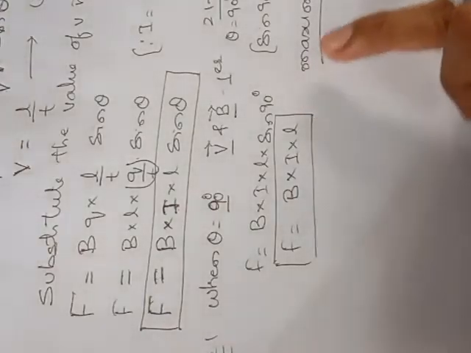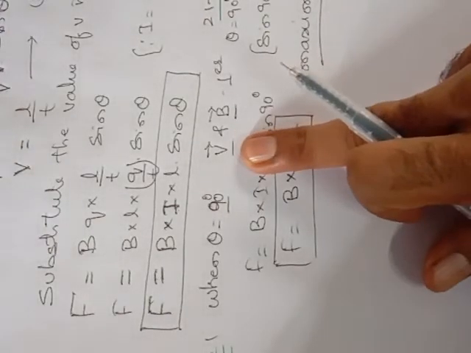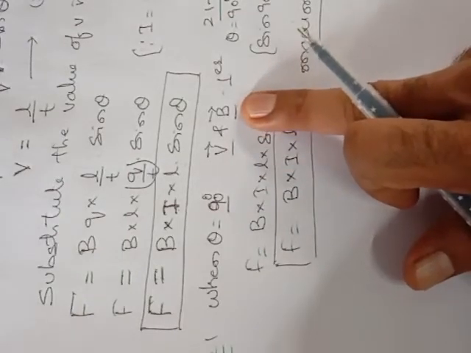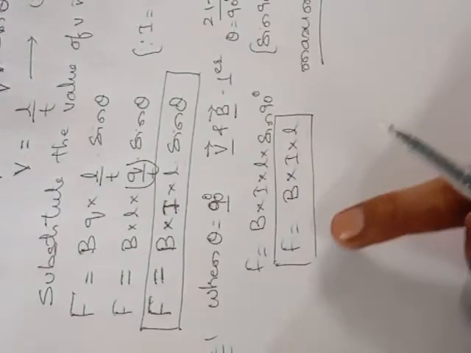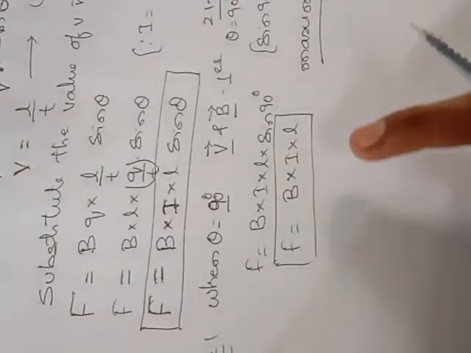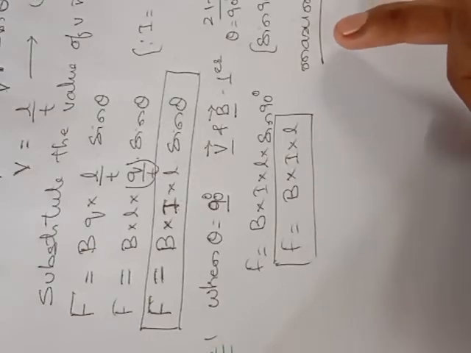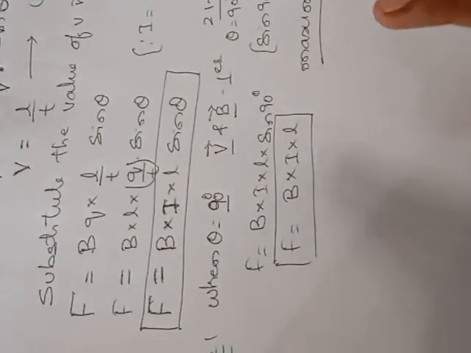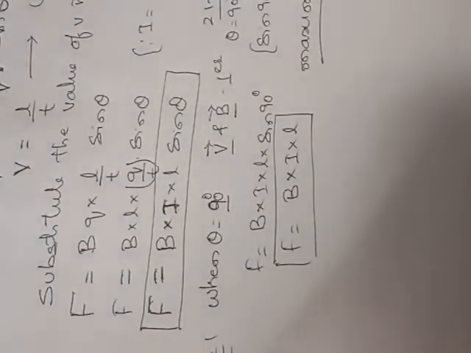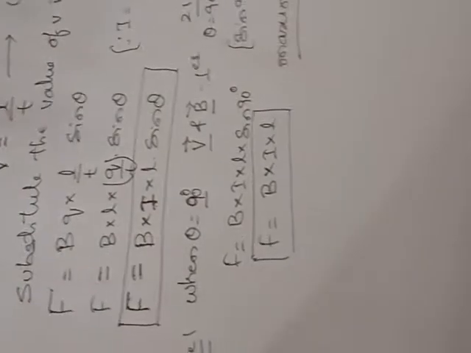So straight away we have to say that when the velocity of the charged particle is perpendicular to the magnetic field, then the force will be maximum. For when will the force be maximum? When the velocity is perpendicular to the magnetic field. This is the first condition.